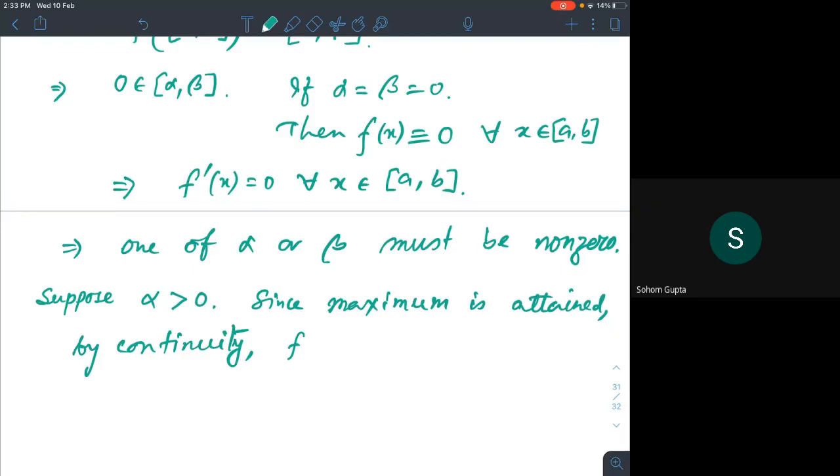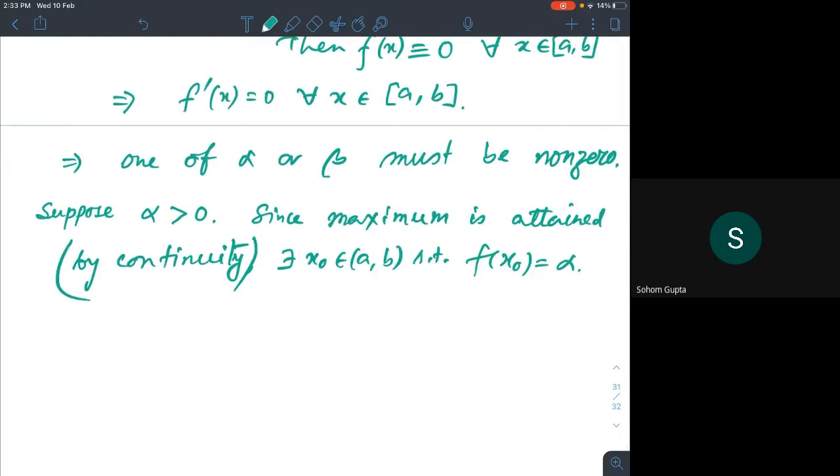Yeah, I should give a bracket here. Therefore there will be a point x naught such that f of x naught equal to alpha. So I should write it: there exists x naught such that f of x naught equal to alpha. All right.